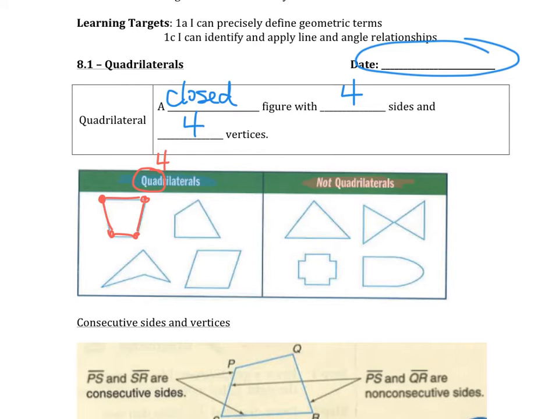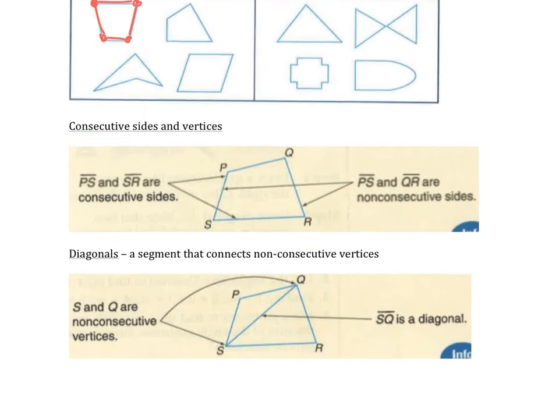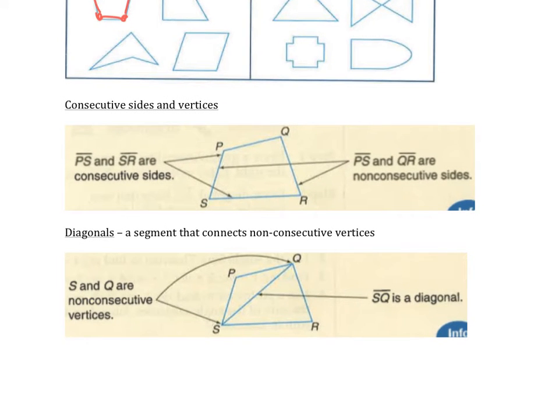All right, let's move down here to consecutive sides and vertices. Consecutive should be a familiar term for us. Consecutive means right next to each other. We've talked about consecutive sides for triangles when we've worked with side, side, side, and angles as well. So the consecutive sides, I will highlight those for you.